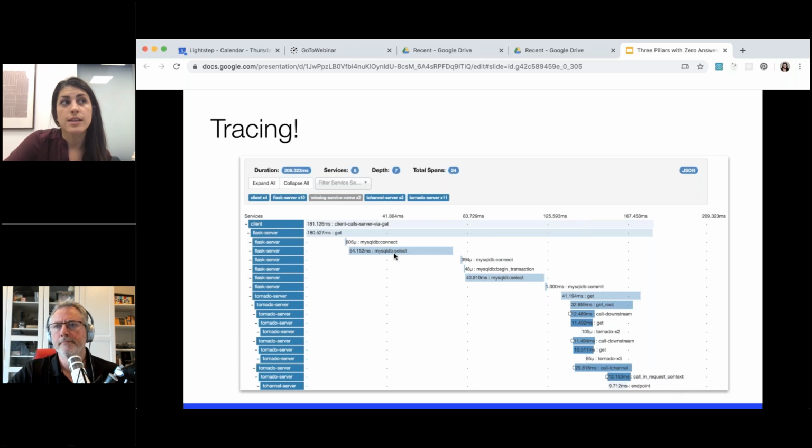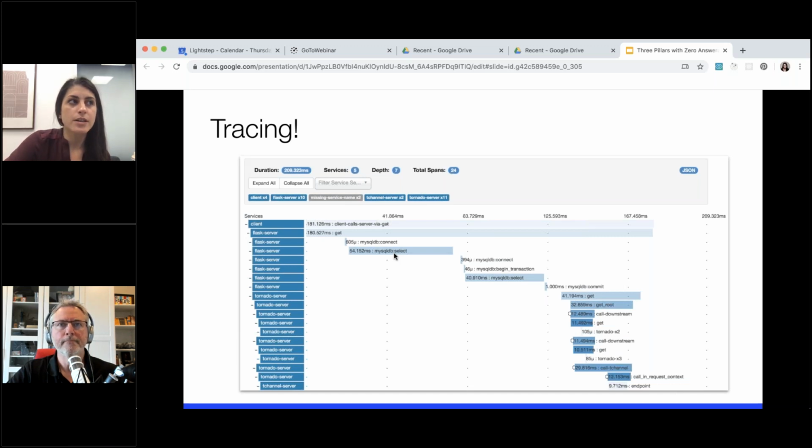Another example is a particular host being correlated with an increase in latency, so maybe you're having problems with one particular host. Those are the types of hypotheses that you can come up with using a tracing tool.